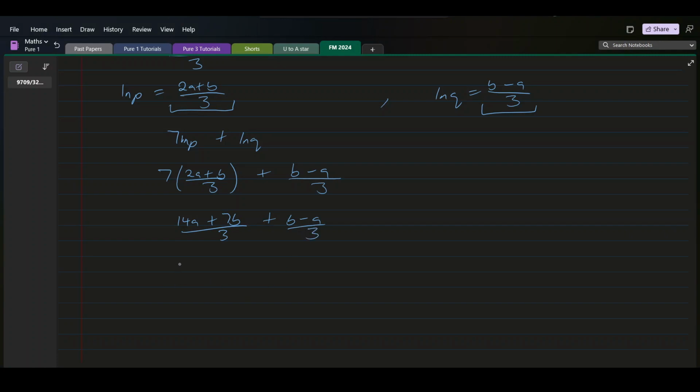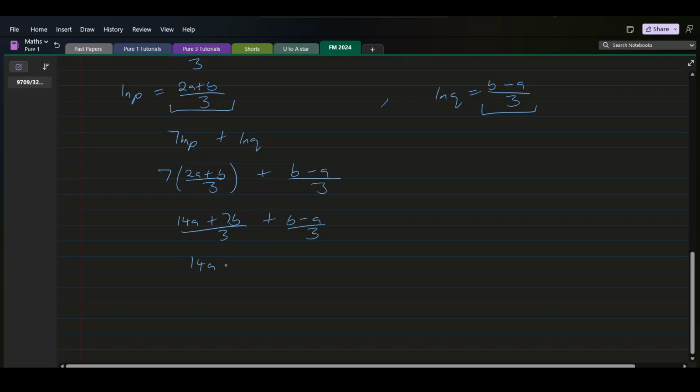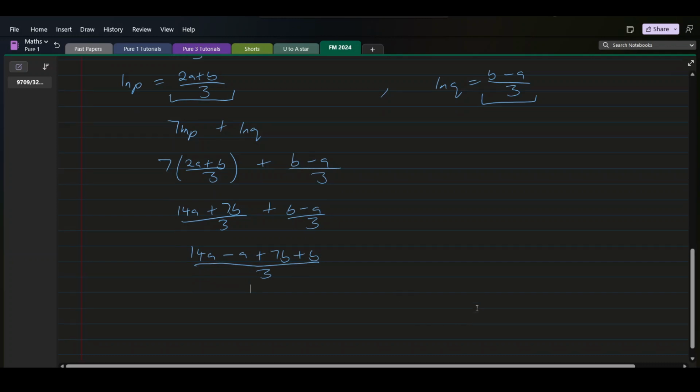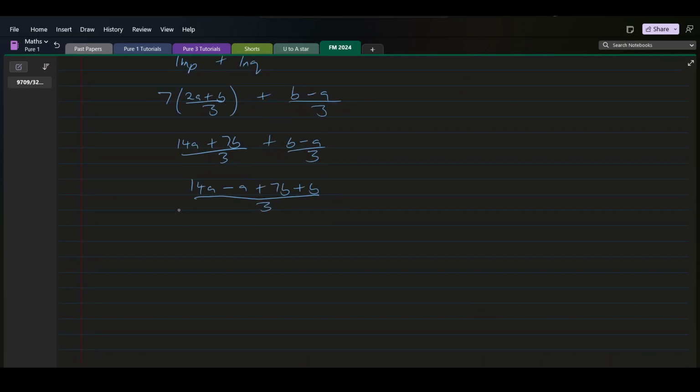Since they share the same denominator, we can combine them to become (14a minus a plus 7b plus b) over 3. And this simplifies to give 14a minus a, that's 13a, 7b plus b, that's 8b, all over 3.